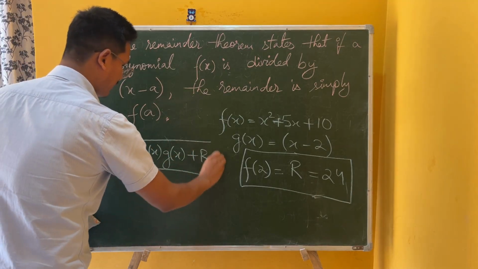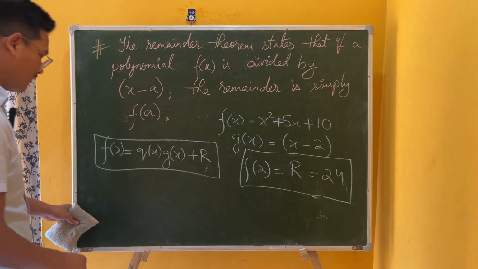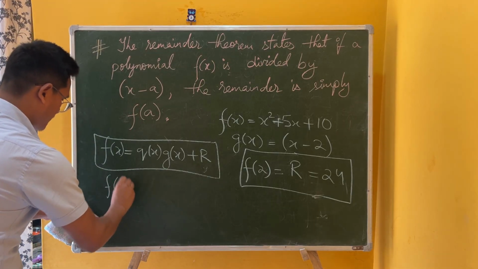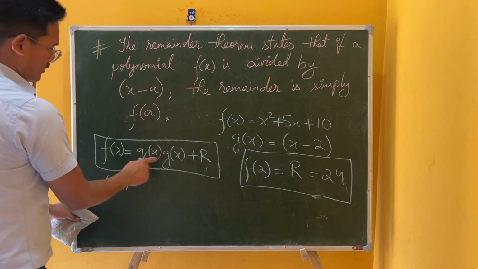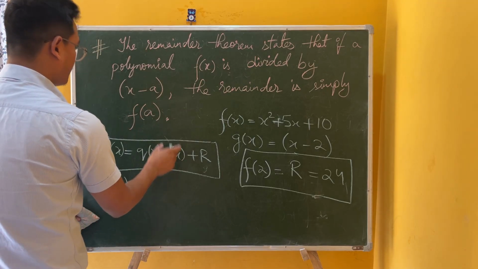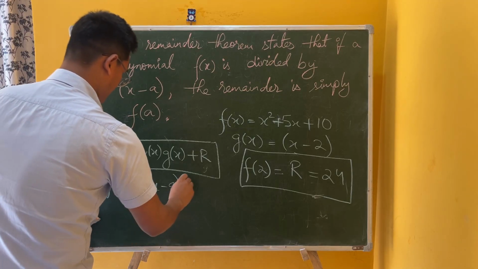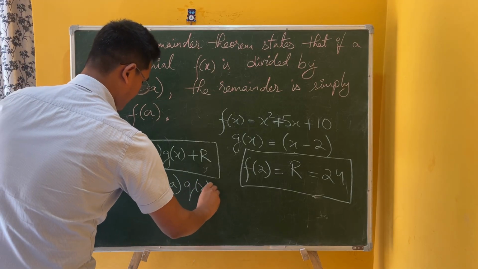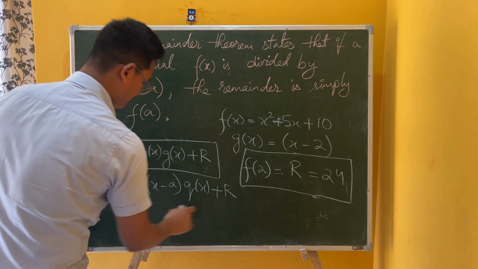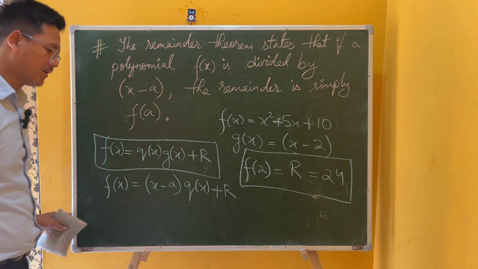This is the division algorithm. Now, in our case, you know the divisor. The divisor is x minus a. Don't say q into x, this is q of x, okay? Quotient.